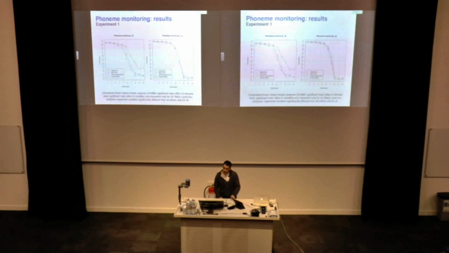As to the results of this experiment, in particular this task, I have to explain a bit these figures. You have in the x-axis the continuum steps from 1 to 10. These were 10-step continua, and then in the y-axis you have proportion of perception of consonants. So in the left-hand side you have how much the listeners reported perceiving D, and at the right-hand side how much they reported perceiving G.